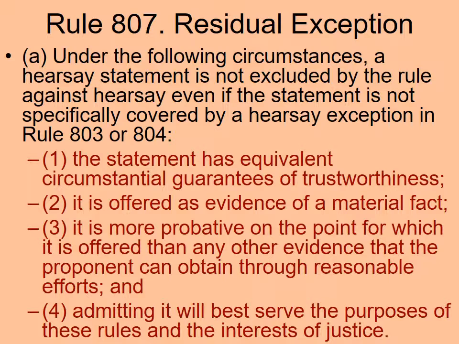So don't just throw in residual exception. You should actually say, especially that there are equivalent circumstantial guarantees of trustworthiness and why that is, and then why it's more probative than any other evidence a proponent can have.